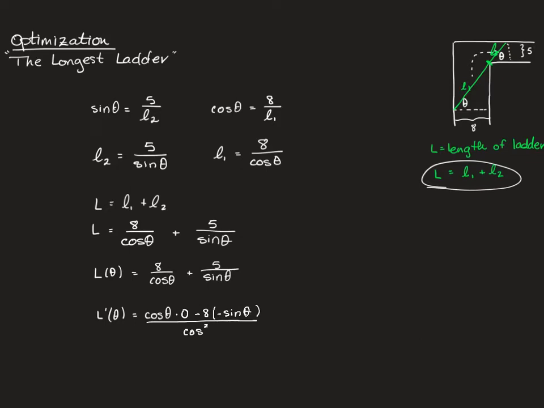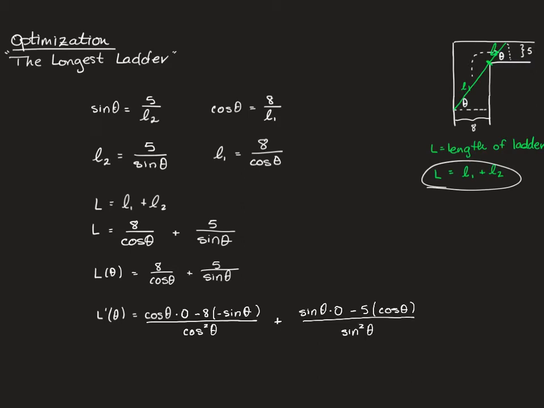And now I'll do the same for the second term. The derivative of 5 over sine is sine times the derivative of 5 minus 5 times the derivative of sine, which is cosine. And that's all over the square of the denominator.